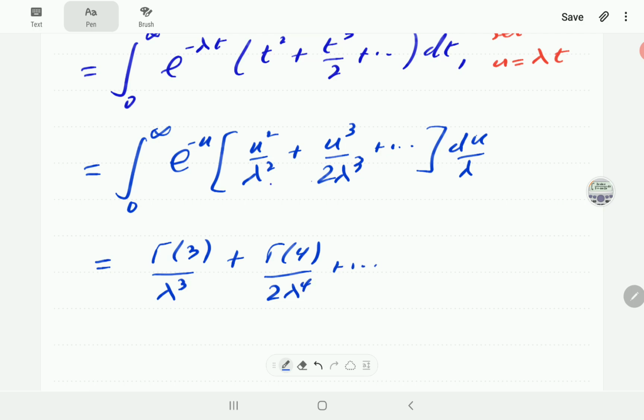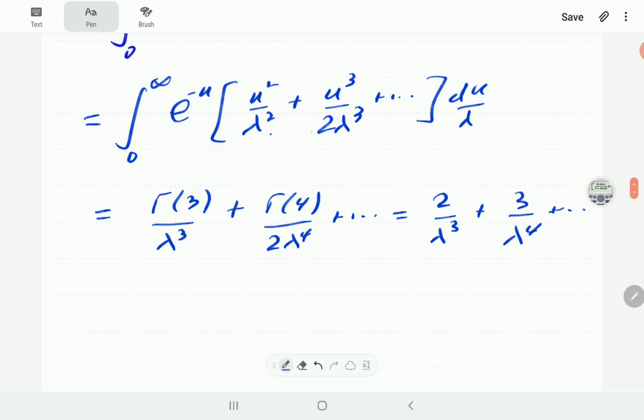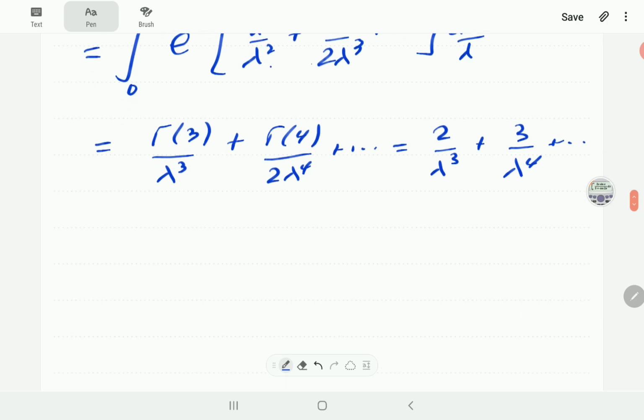So these are going to be the first two leading terms in the asymptotic approximation of this integral, which we can simplify like that. Okay, so let's go to example number B.